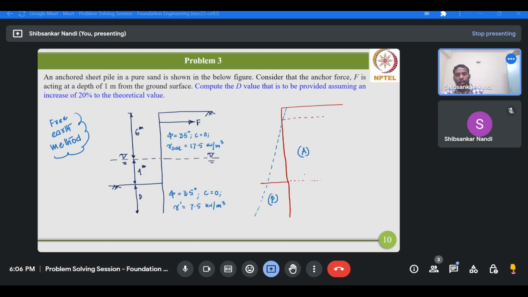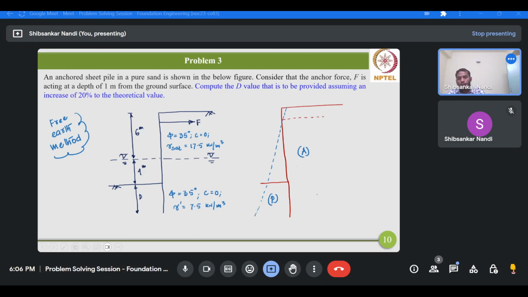Now as soon as we move below the dredge level, on one side we have passive pressure and on the other side we have active pressure. So the net pressure will be the difference between these two, passive and active. As you know, the magnitude of passive pressure is very high compared to the active pressure.